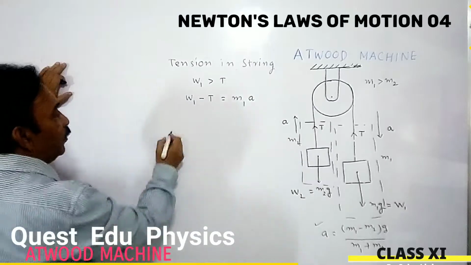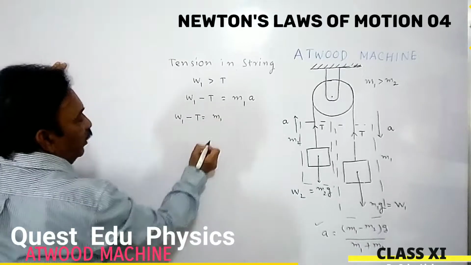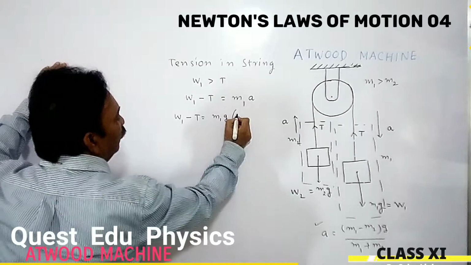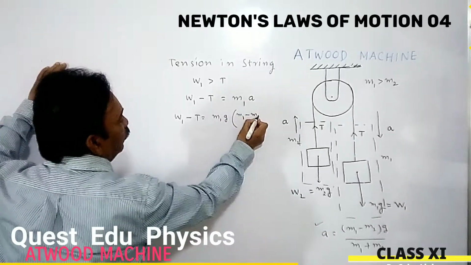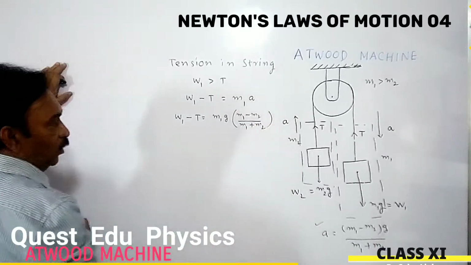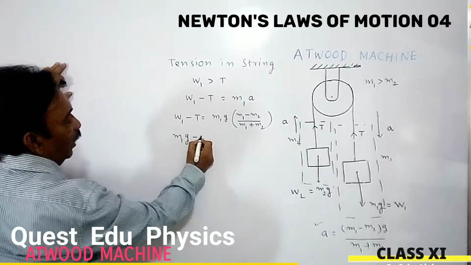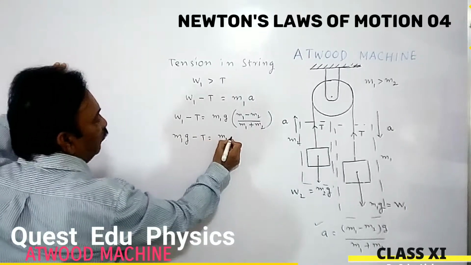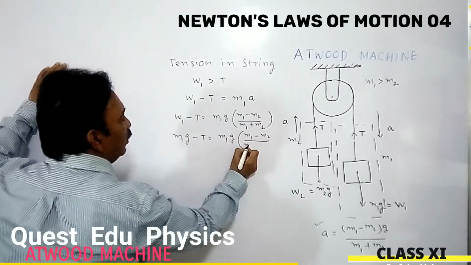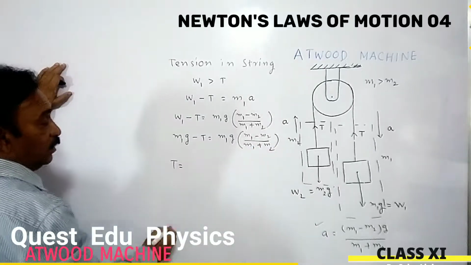Then W1 minus T is equal to M1, and we know the value of A, M1G of M1 minus M2 by M1 plus M2. So M1G minus T is equal to M1G of M1 minus M2 by M1 plus M2.